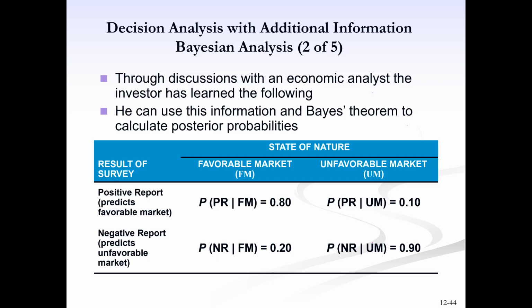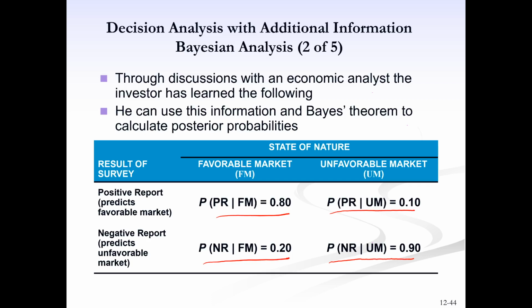The probability of positive report given the favorable market is 0.8, and probability of negative report given the favorable market is 0.2, and probability of positive report given that unfavorable market is 0.1, and probability of negative report given that unfavorable market is 0.9.